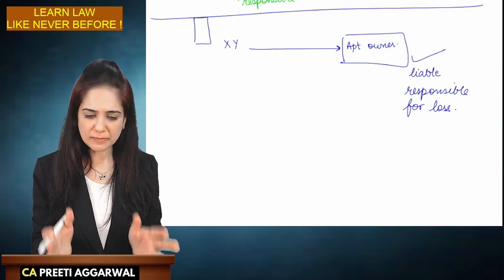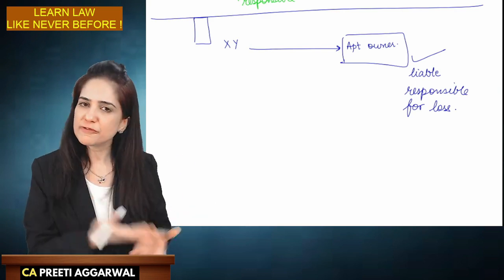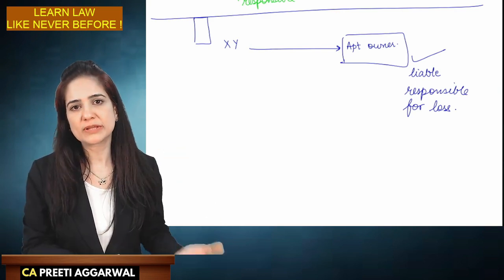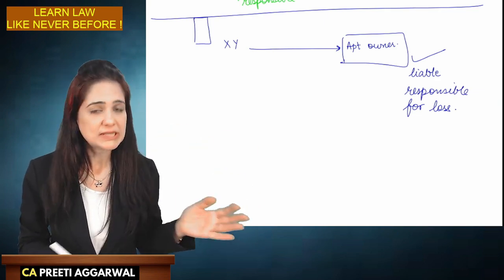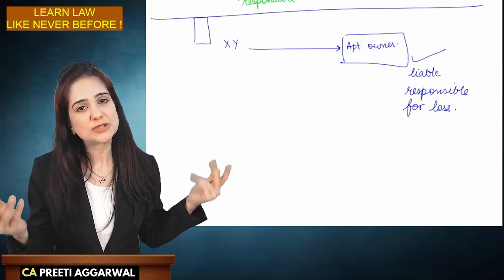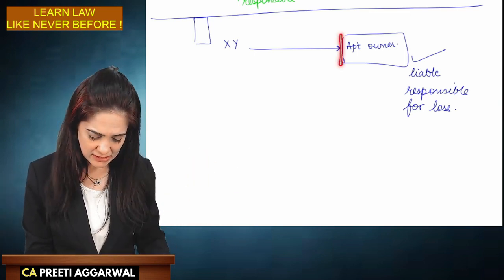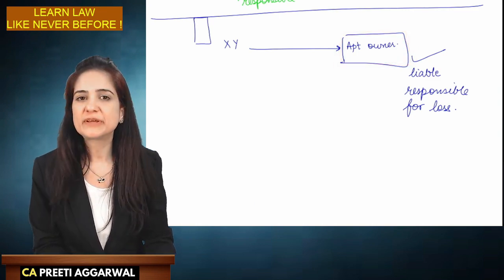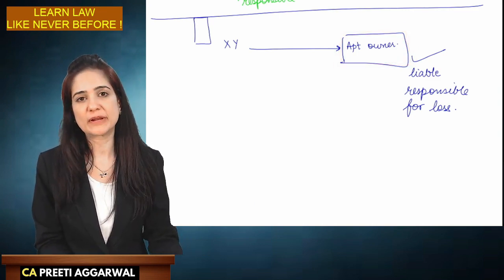If the apartment owner wanted them to know about certain terms, he should have informed them, or at least told them that there are terms and conditions written in the room, please go and read. Since nothing was mentioned, we assume that the terms and conditions were not properly communicated. In this case, the apartment owner will be responsible for the loss, since the terms were not properly communicated.